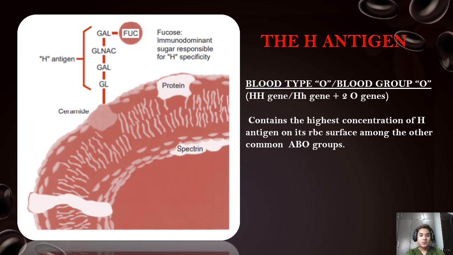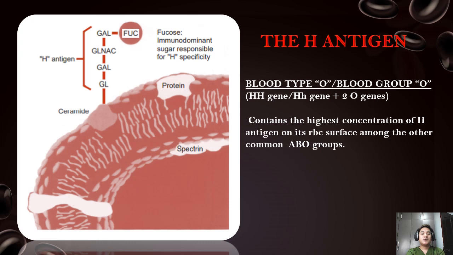For this blood group, it must contain a double dose of H gene alleles with at least one dominant H allele, and since it is said to be an autosomal recessive trait, it must have two homozygous O genes.